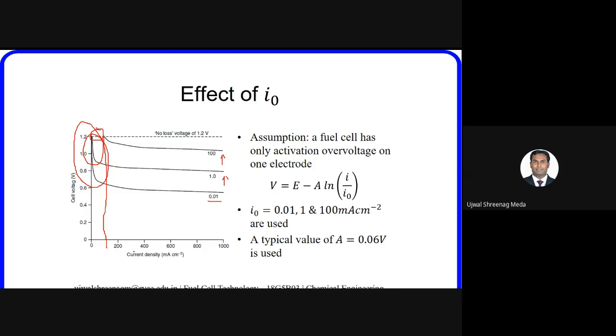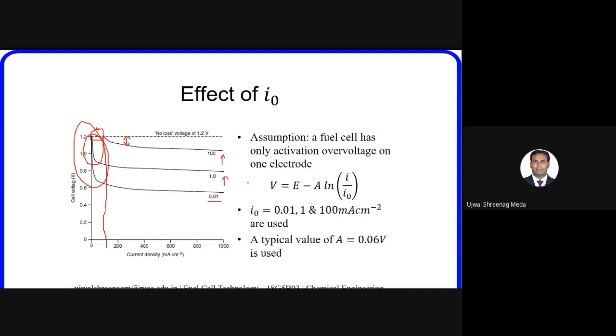Until the current density exceeds a value of 100, the voltage is equal to the no loss voltage. There is no loss in voltage at all. Even after that, look at the magnitude of loss of voltage. It is very low. So this plot clearly signifies that by keeping the exchange current density as high as possible, it is possible to reduce the loss due to activation.